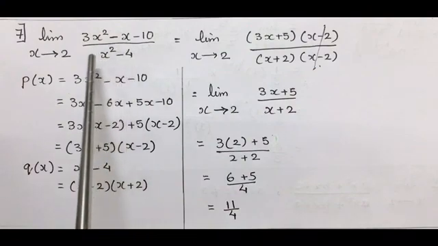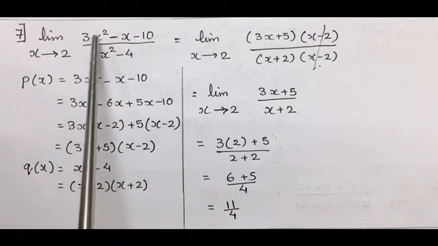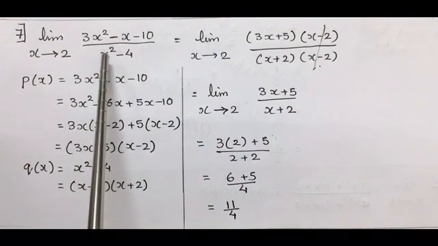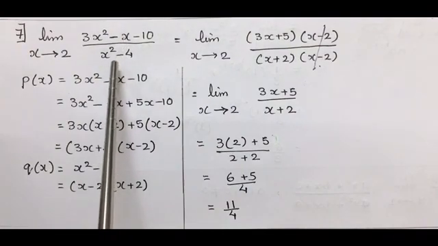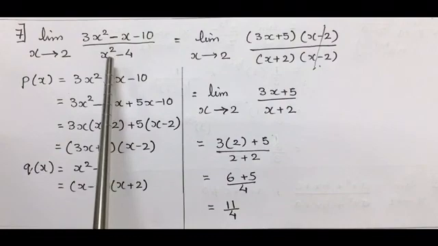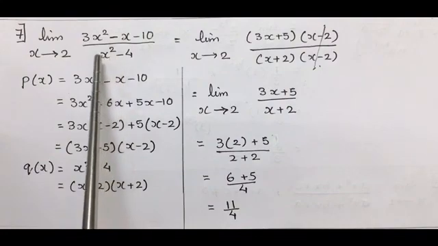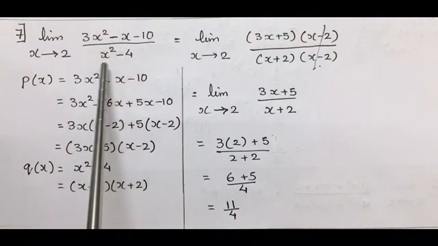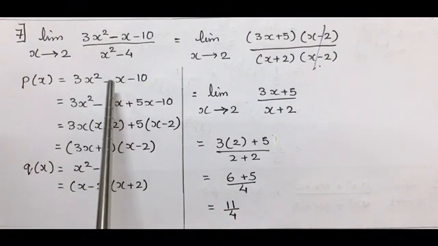The reason is, if we keep 2 in numerator as well as in denominator, then it will become 0 upon 0, which is not the correct way of solving the limits. The denominator should not be 0.